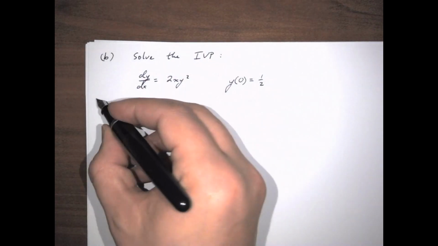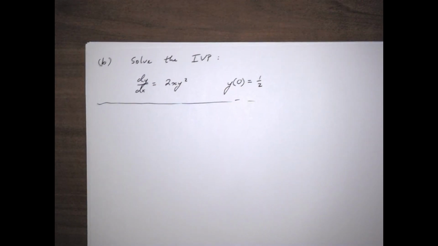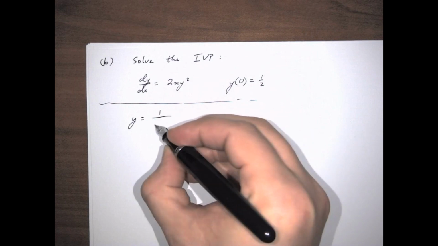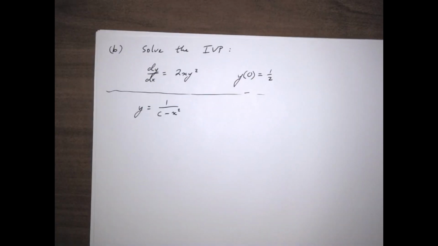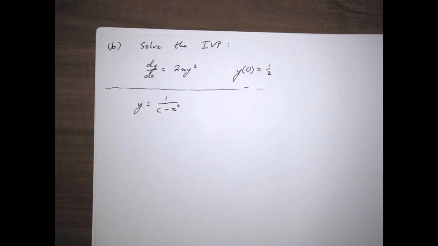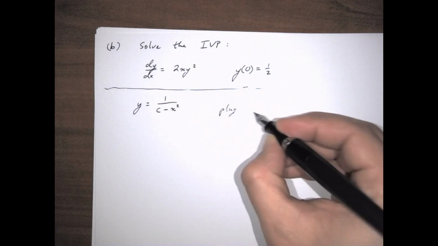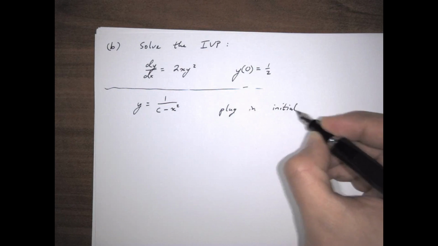All right. So we already know that y equals 1 over c minus x squared. The only question is, what value of c makes this happen? So now we plug in the initial condition.